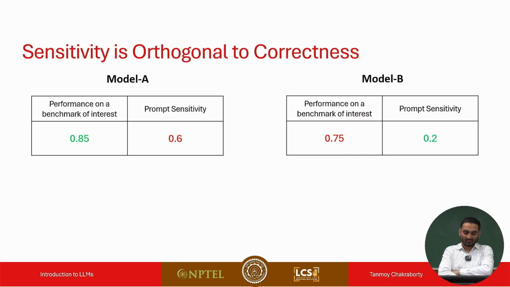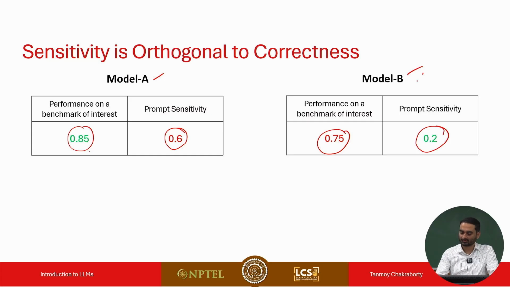So you have model A whose accuracy is 85%, but sensitivity is also very high, 60%. If the model is more sensitive to prompts, the model is bad. So you want to decrease the sensitivity of the model. Model B, accuracy is 75%, lower than model A, but sensitivity is pretty low, 20%.